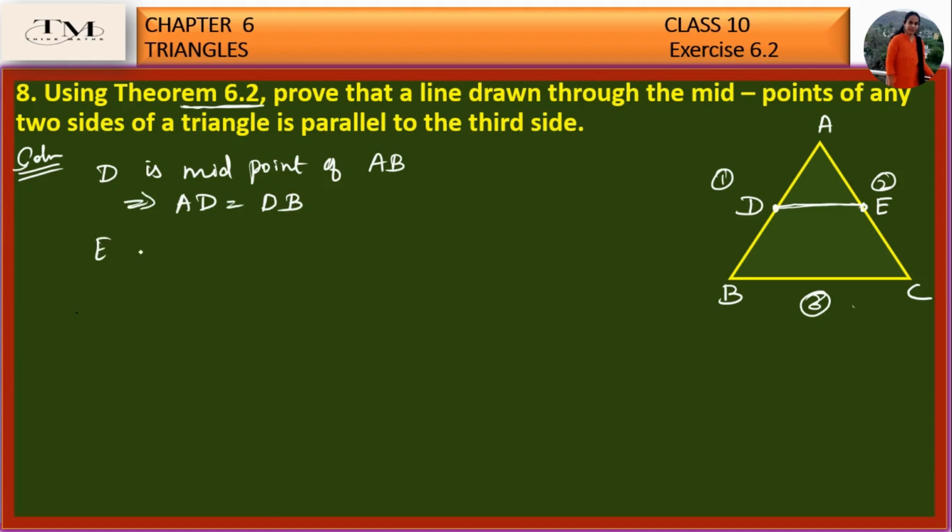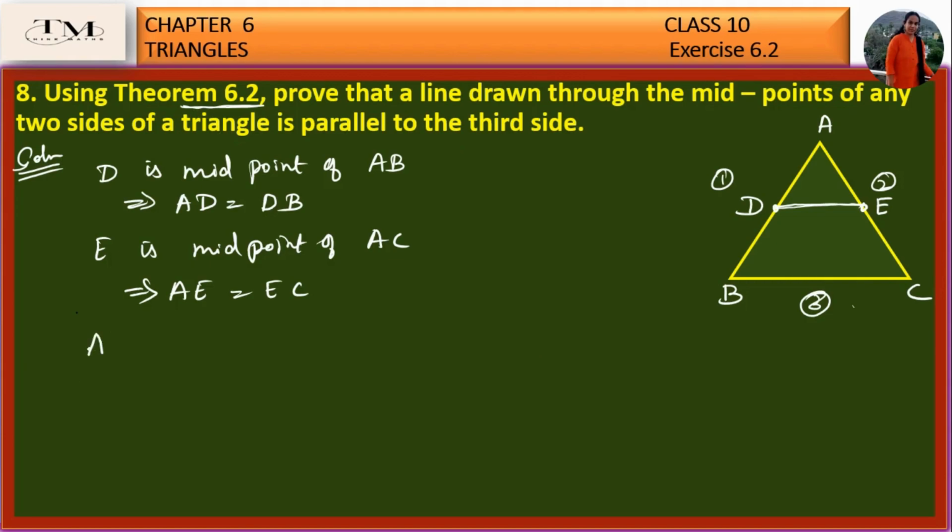Also E is the midpoint of AC, so AE is equal to EC. Let us check the ratios. If the ratios are equal, then we will have DE parallel to BC by theorem 6.2.